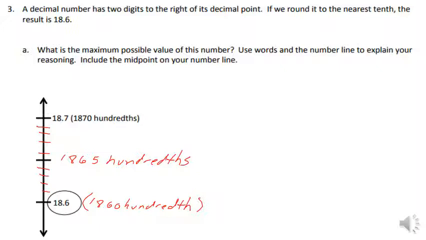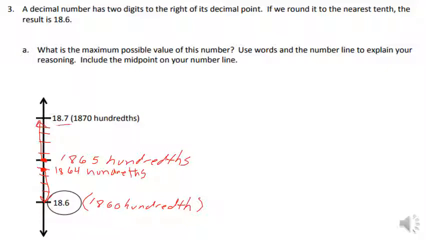Now the question says, what is the maximum value of this number for it to round to 18 and 6 tenths? Well, if it's 2 digits to the right of the decimal point, I know that if I have 18 and 64 hundredths, anything from here down is going to round to 18.6.